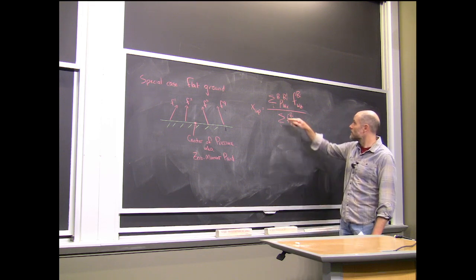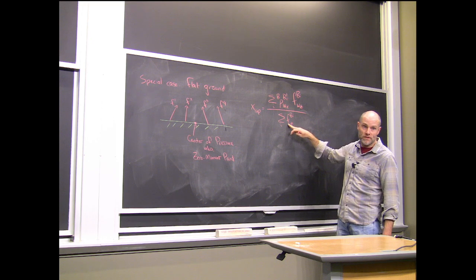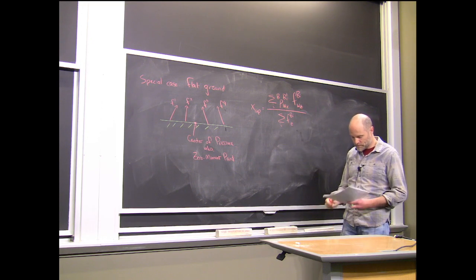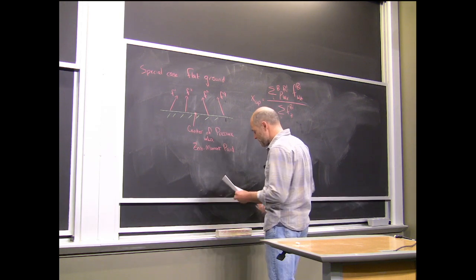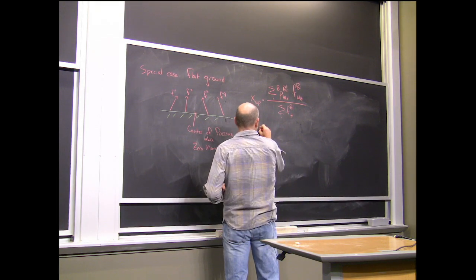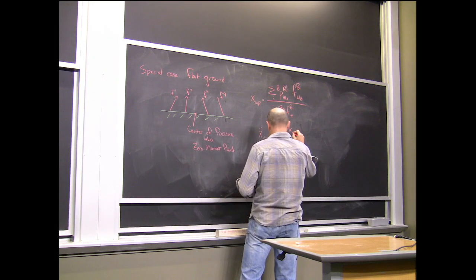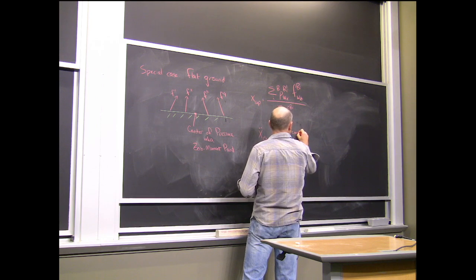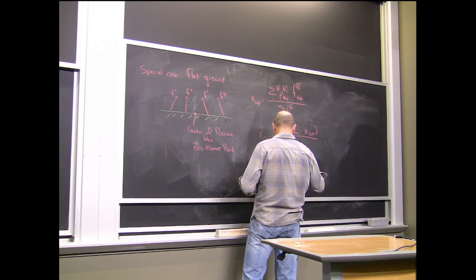If I were to say the position of this and the mass of one body times the sum of the masses, that would be the center of mass, okay? And what's amazing is that the center of mass dynamics are such a simple function of the center of pressure.